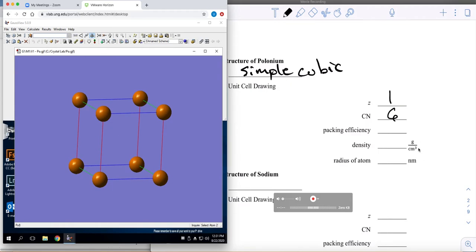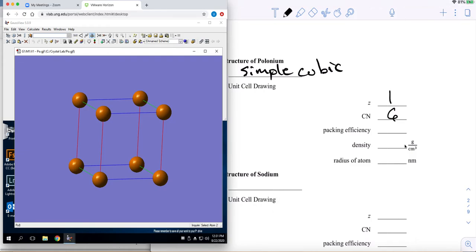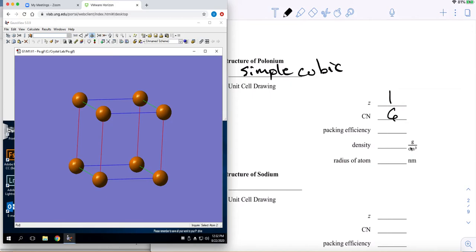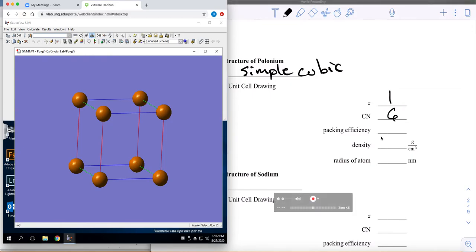That's good to pay attention to. If you get something astronomically big or small, like 10 to the minus 48th, you probably have a power of 10 issue in how you put things in your calculator. So be very careful about parentheses and things like that. I'll re-emphasize this and show where some common mistakes can happen when I do a full walkthrough of these two calculations for sodium next.